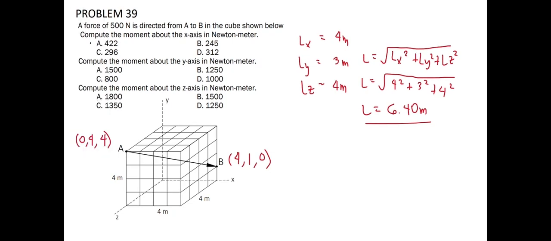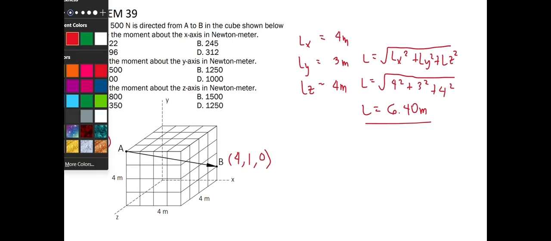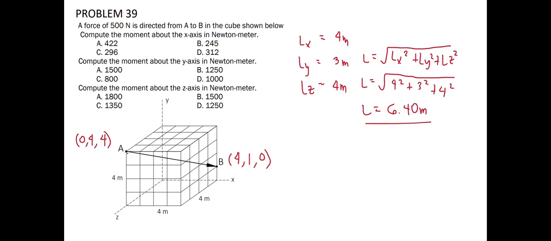Now that we have L, we can also resolve the force into its individual components along the x, y, and z axes. So we have a component along the x-axis, let's call this Fx, a component along the y-axis, Fy, and a component along the z-axis, Fz. To solve this, we make use of ratio and proportion.